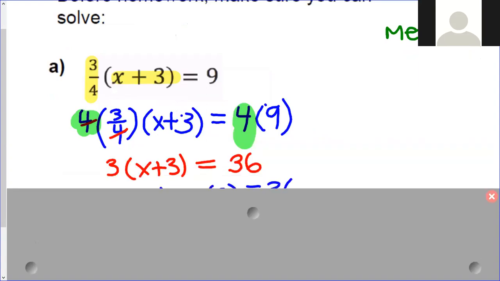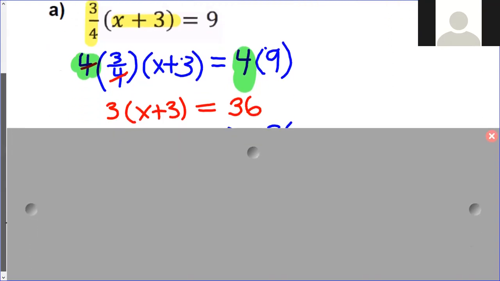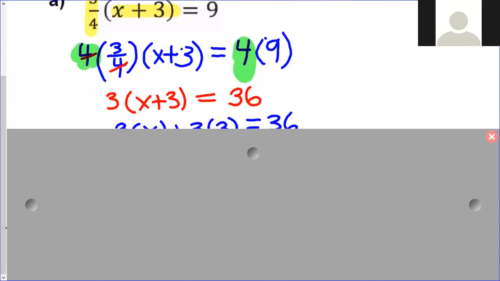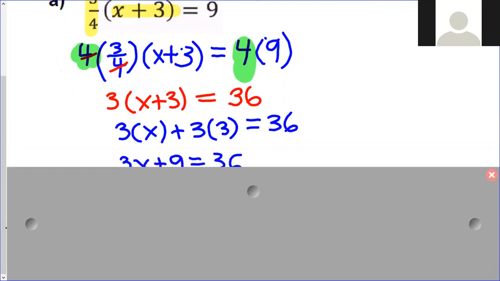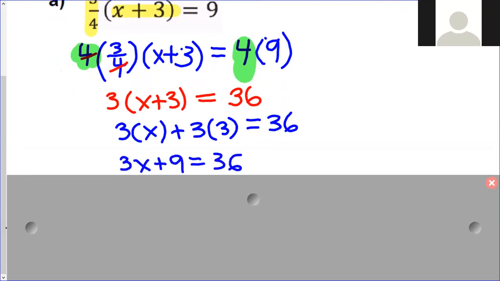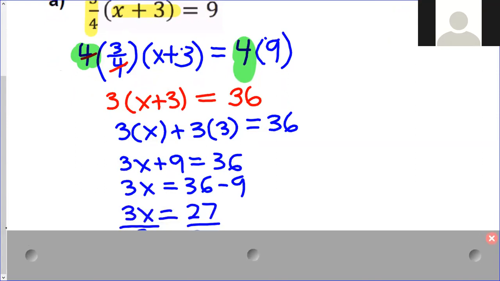So what this looks like now, it turns into a simple distributive property question where I have 3 times x plus 3 is equal to 4 times 9. And then it becomes distributive property, group the like terms on one side and solve.